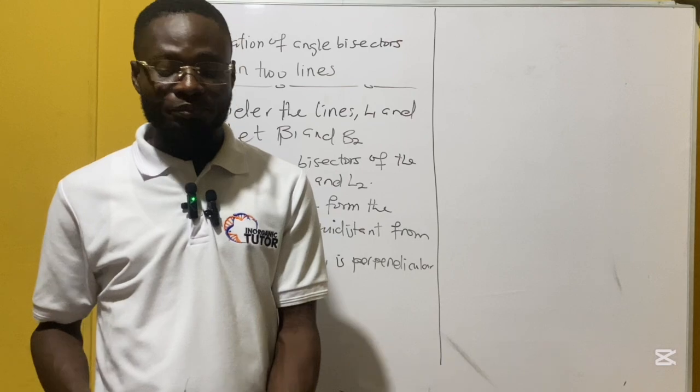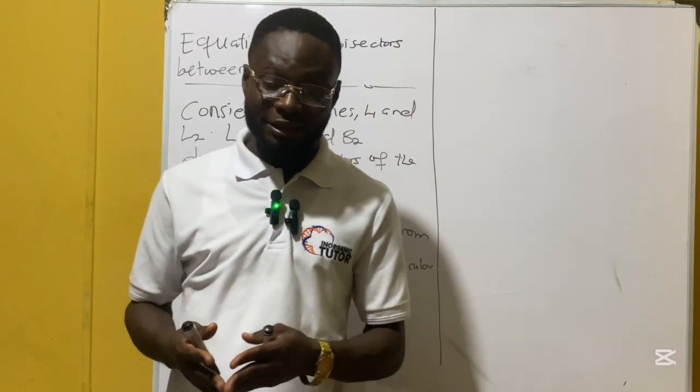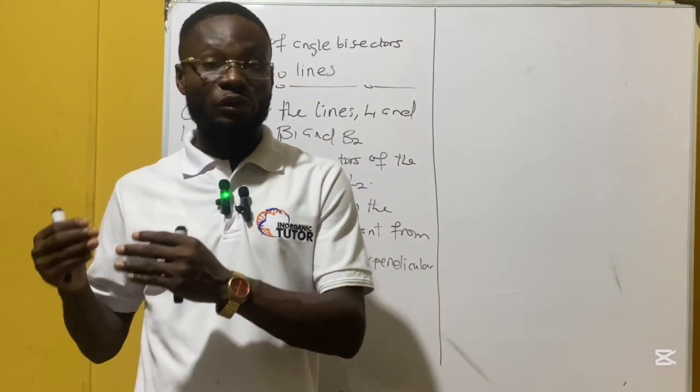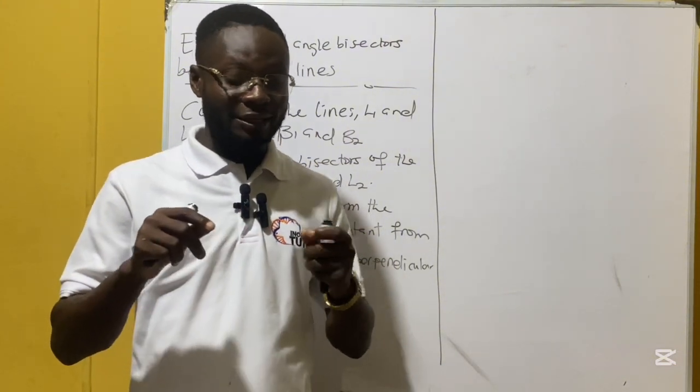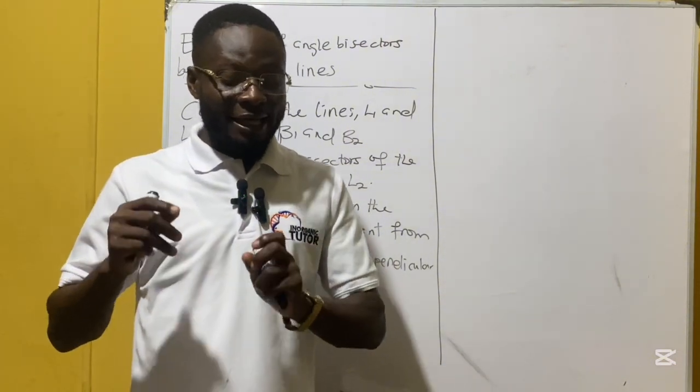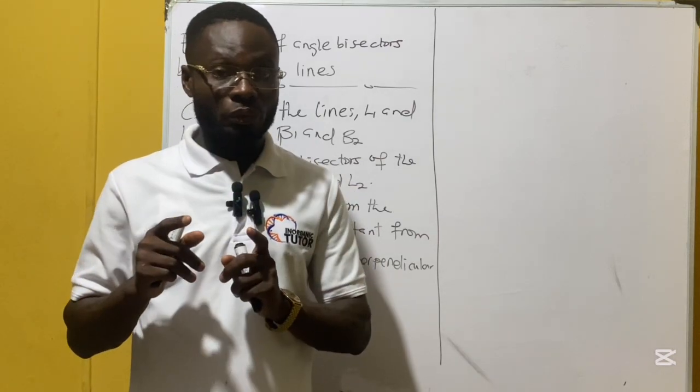So from theories, we know that locus is the set of all points that satisfy a particular condition or rule.